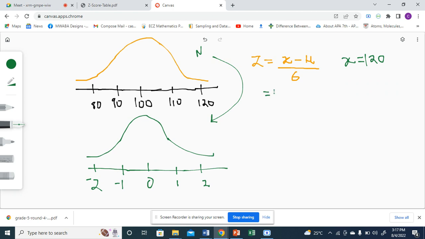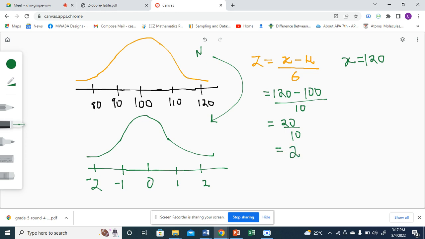Z equals 120 minus the mean, which is 100, divided by the standard deviation, which is 10. 120 minus 100 is 20. 20 divided by 10 is 2. So the z-score is 2.